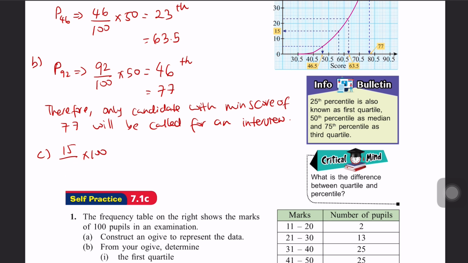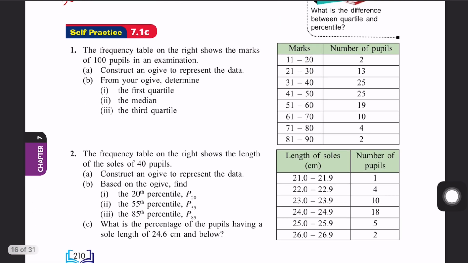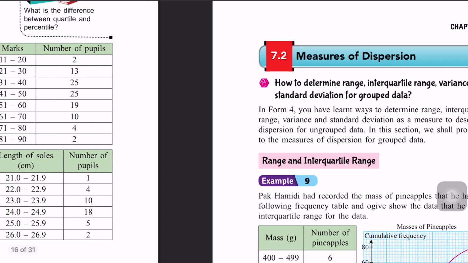Okay, 50 students only. Okay. So kita dapat 30%. So we know that only 30% of candidate obtain a score of 57 and below. Okay, boleh? Okay, so I want you to try self-practice 7.1c.